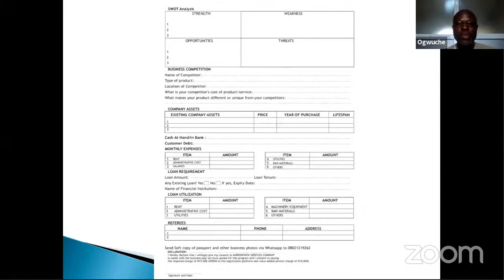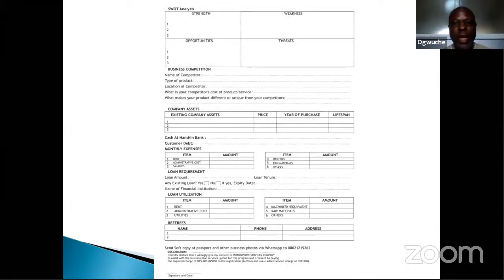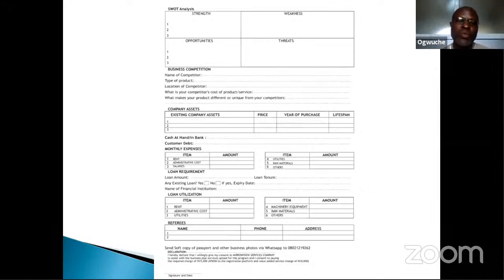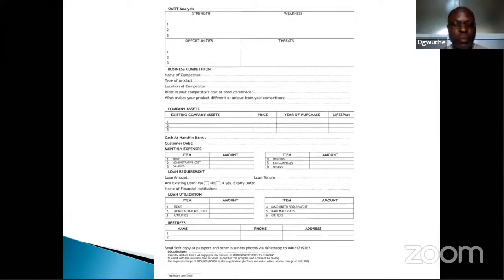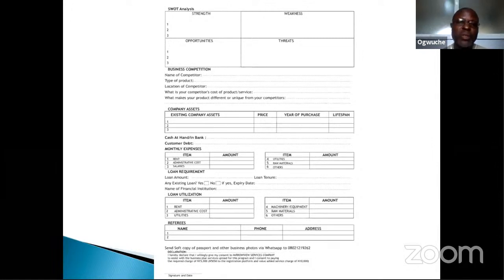All right, so the second page, SWOT analysis. SWOT analysis is where we'll be expected to do some little analysis. Any business that you do, I'm sure when you were doing financial feasibility studies, in the course of the feasibility studies, I know that you people discussed SWOT analysis and what it entails.